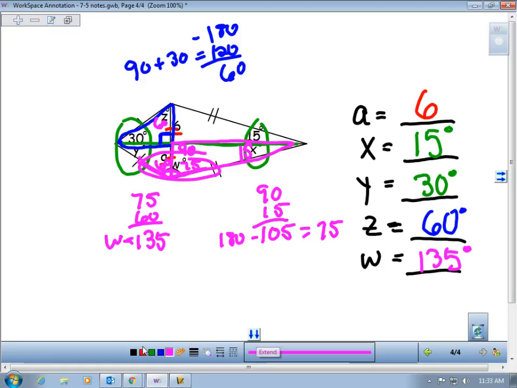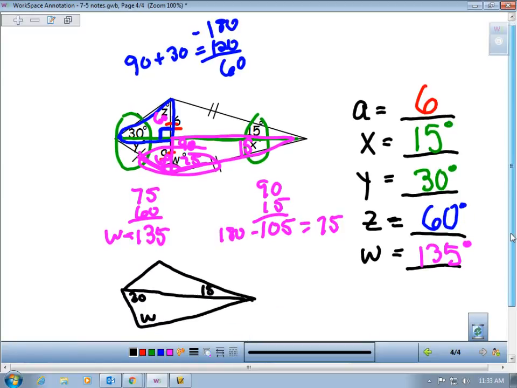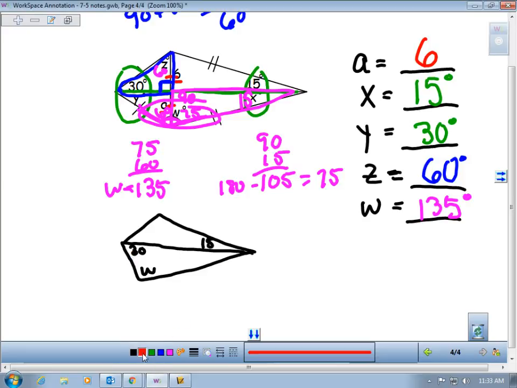Now, I'm going to tell you another way that I think you need to think about this. I'm going to redraw this kite a little differently. This is W right here. We know this angle's 30. We know this angle up here is 15. By the way, if I just draw the long diagonal here, which is something we talked about last class, what's true about these two triangles? Yeah, notice this side's congruent to this side, this side's congruent to this side, this side's congruent to itself.